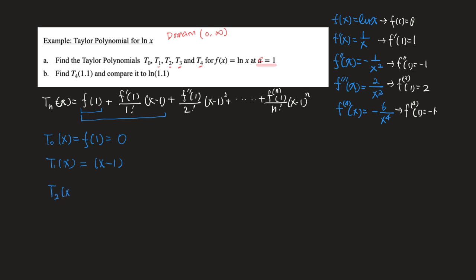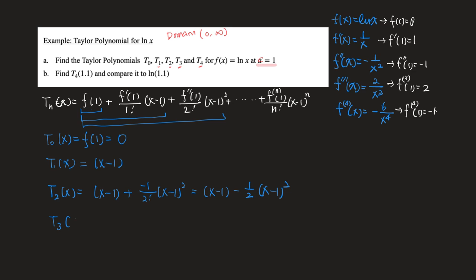For T2, you need terms up to degree 2. So f of 1 is 0, the f prime term is x minus 1, and you add the degree 2 term. The second derivative at 1 is negative 1, so negative 1 over 2 factorial times x minus 1 squared. That is negative 1 over 2 times x minus 1 squared.